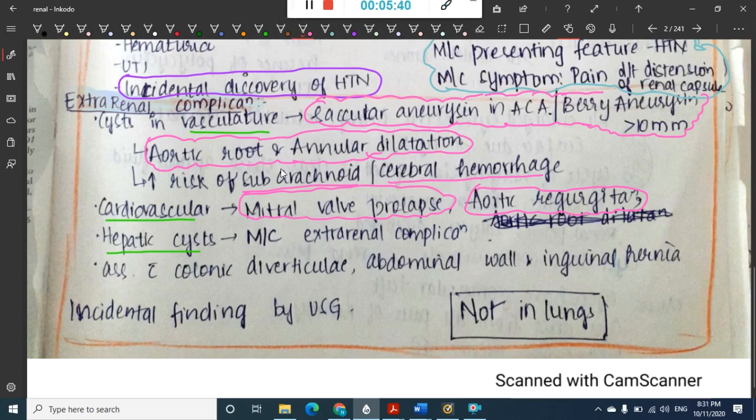In the GIT, it is associated with colonic diverticula, and it is also associated with abdominal wall and inguinal hernia. All these are incidental findings which you see in USG. No cysts are seen in the lungs. In the lungs you will not see any type of cysts.